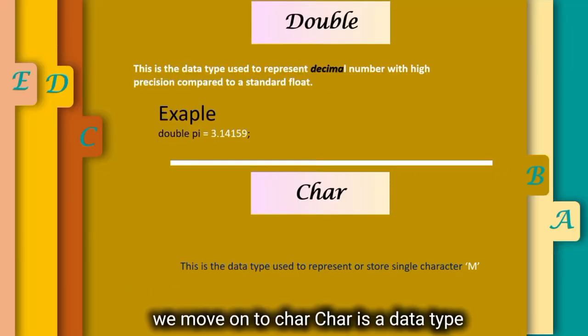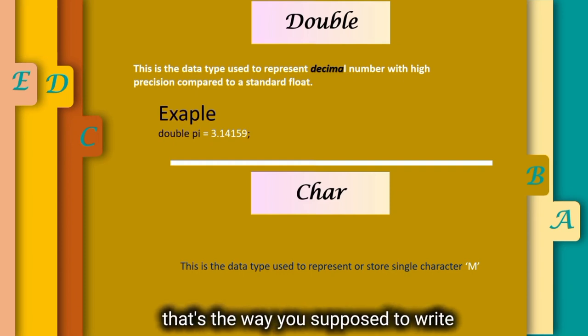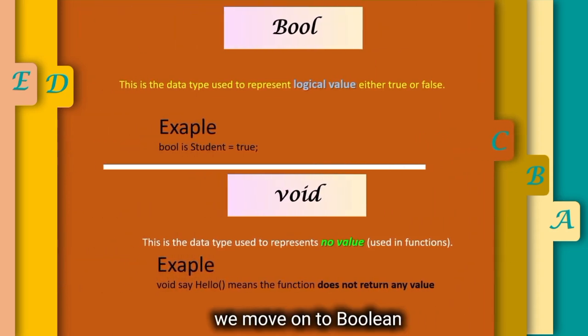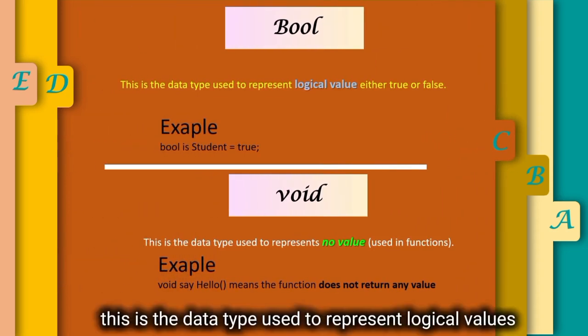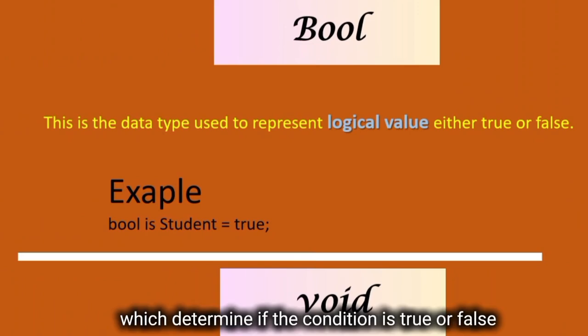We move on to char. Char is a data type used to represent a single character, like the way it is written there, that's the way you're supposed to write it. We move on to Boolean. This is a data type used to represent logical values, which determine if a condition is true or false.